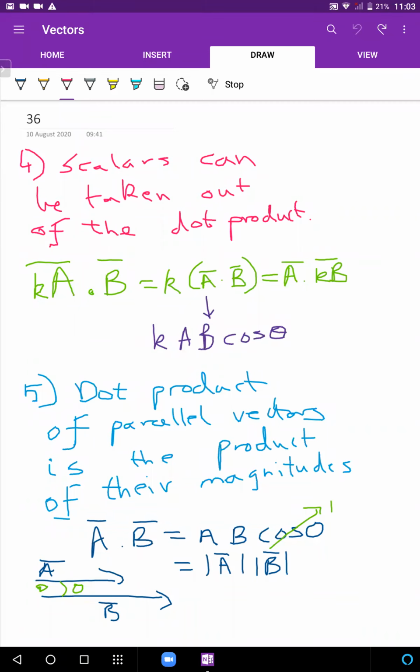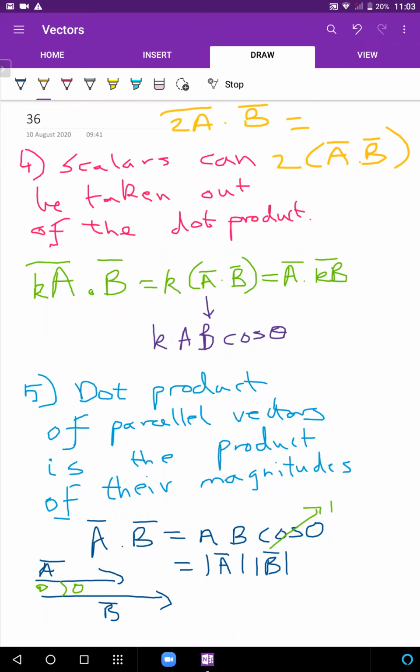4 is एक last time बता देता हूँ. It's not a point of lot of consequence, but 4 का example दे देता हूँ. If you see 2 into a bar dot b bar, I am saying you can take the 2 outside the dot product. 2 को डॉट प्रोडक्ट के बाहर लेके जा सकते हो. पहले A और B का डॉट प्रोडक्ट ले लो, फिर वो नंबर से मल्टीप्लाई कर लो. दैट्स द आइडिया.